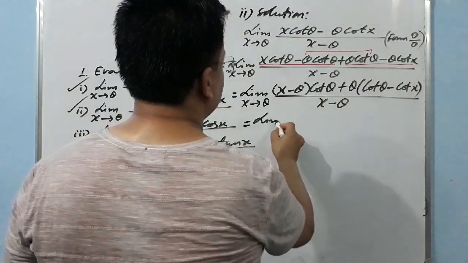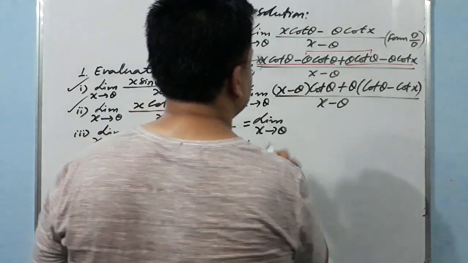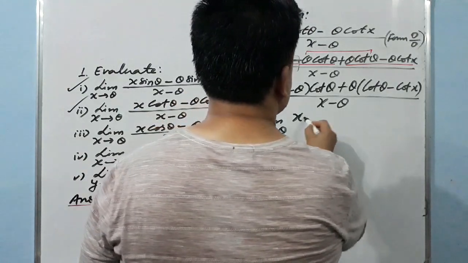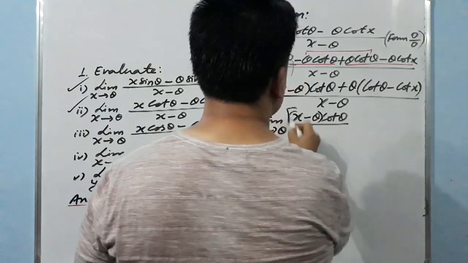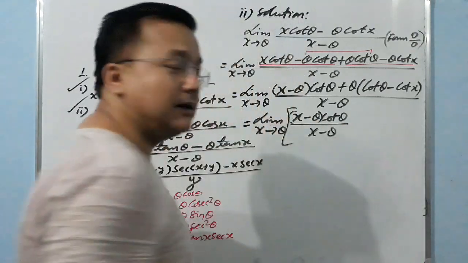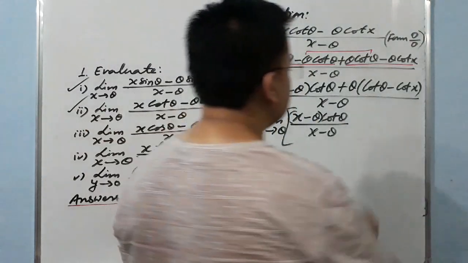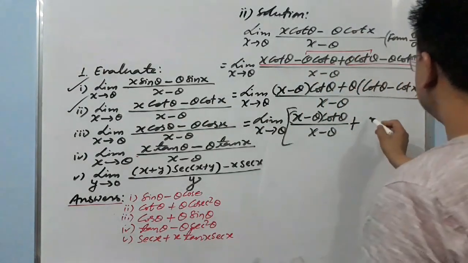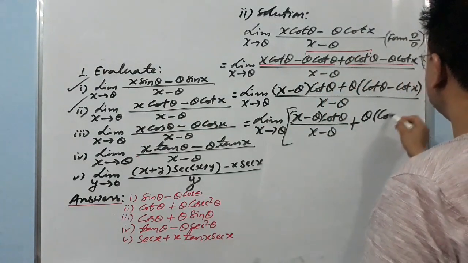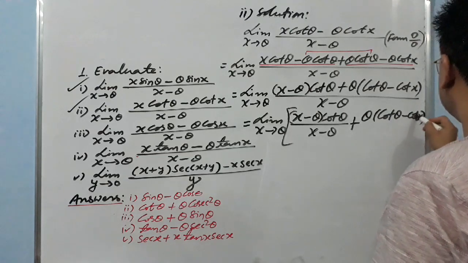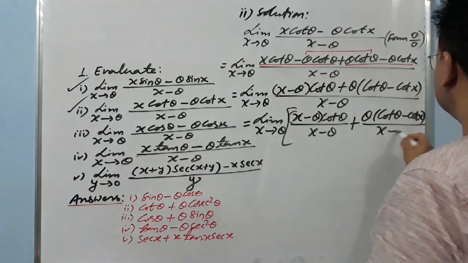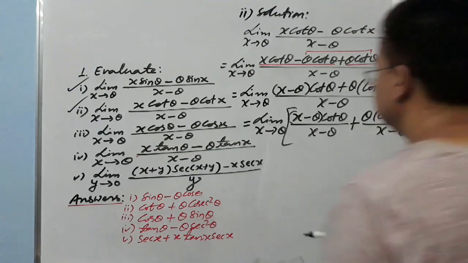Is equal to limit as x tends to theta, (x minus theta) cot theta over (x minus theta), simple thing, you know this, plus here theta times (cot theta minus cot x) over (x minus theta).